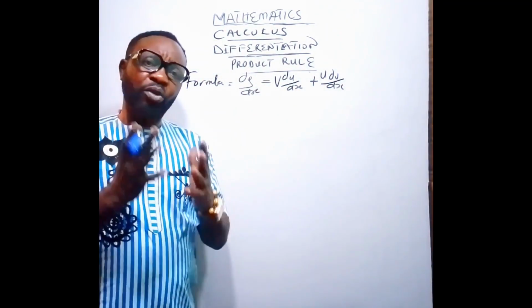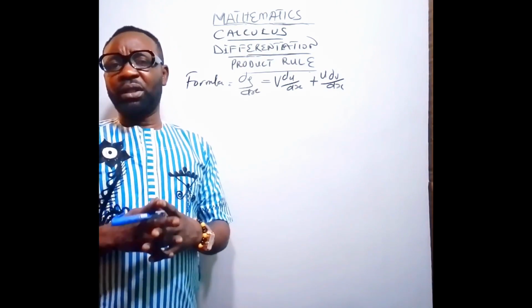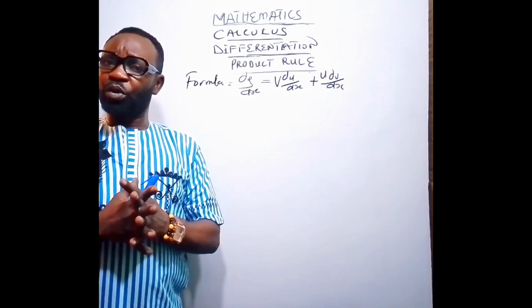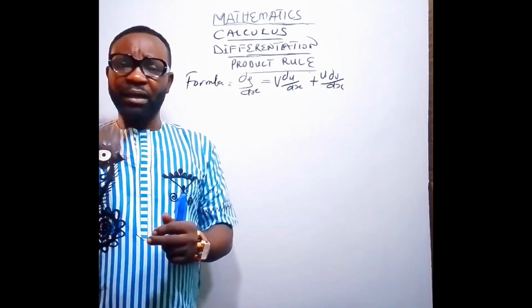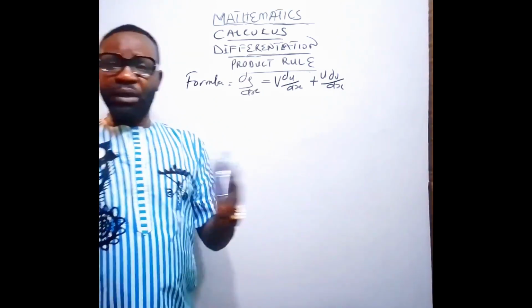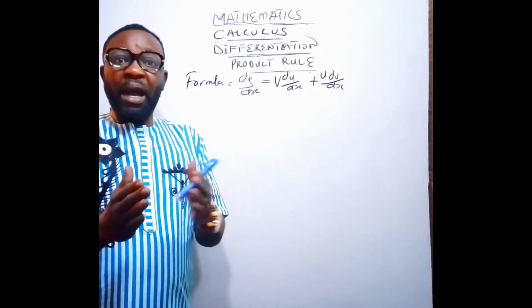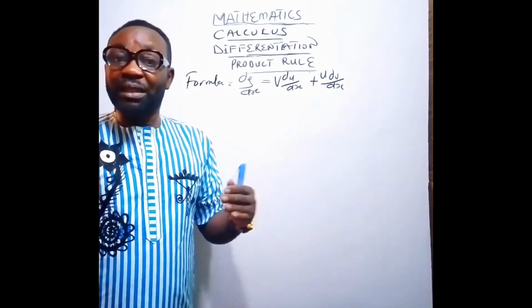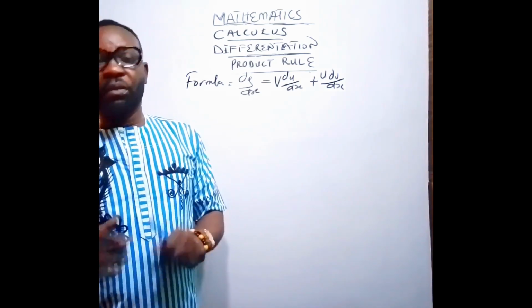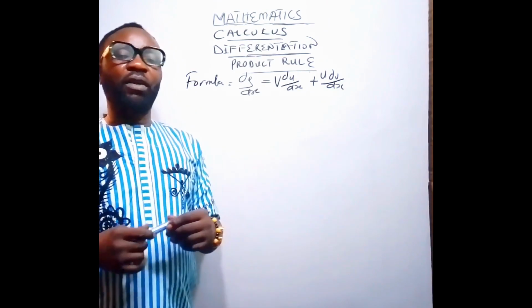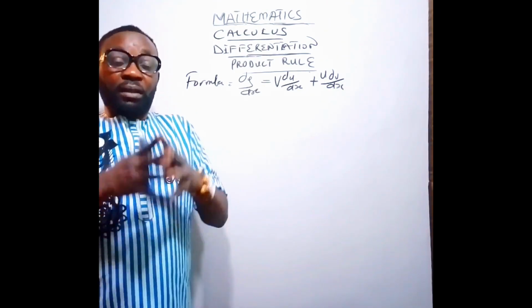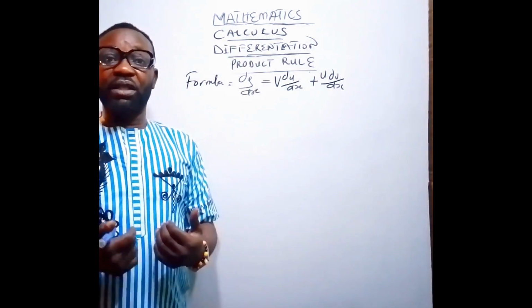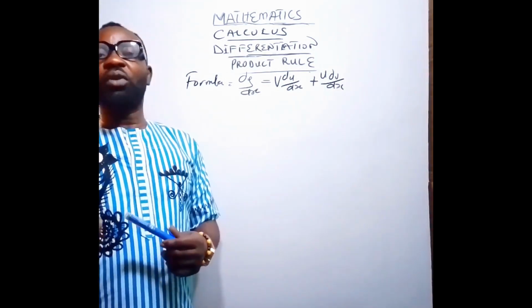Then, how do we identify the kind of question that we're going to apply this product rule to? We will apply the product rule to a question whereby the values are multiplied with one another, and we discover that their expansion might not lead to forming a polynomial, or even if we try it, it's going to involve a lot of work.